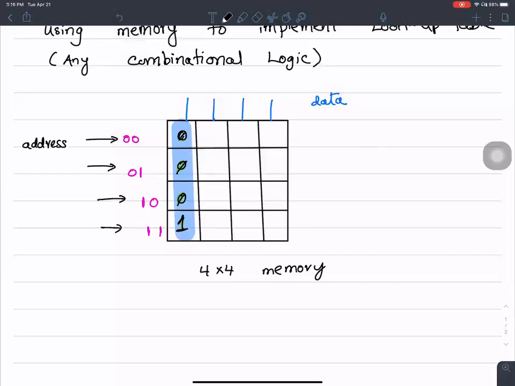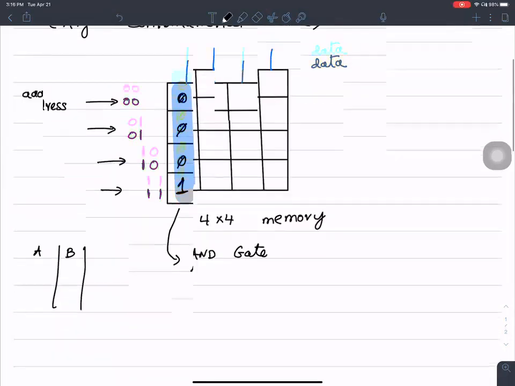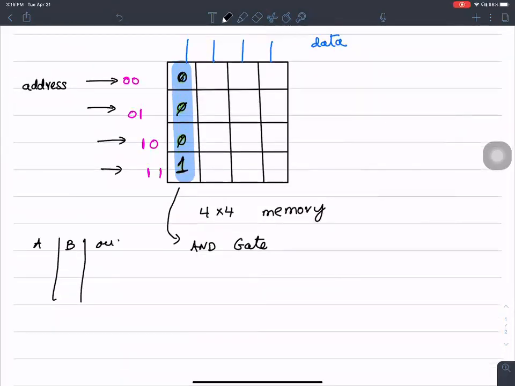These are all memory locations, right? So this represents an AND gate. Because if you look at the truth table of the AND gate of 2 inputs, the truth table for AND gate looks like so.